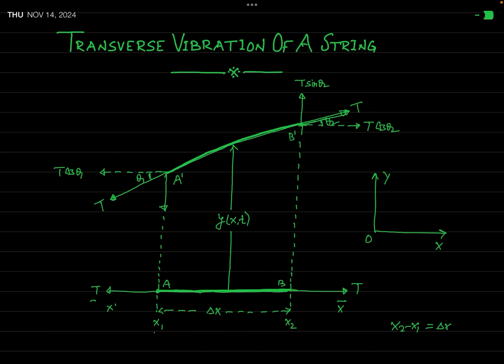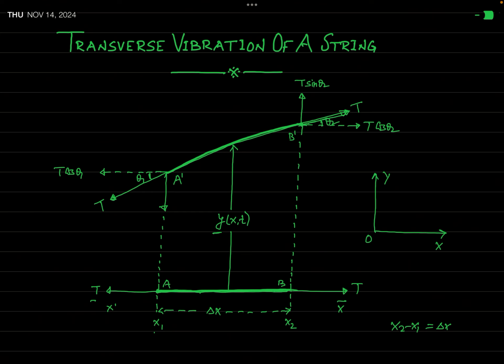Okay. Actually, if you make the displacement, let us say y, and this y is not very large, then the tension T in this undisturbed state and in this disturbed state will remain almost constant. And if the string is not very heavy, the tension throughout it is the same.